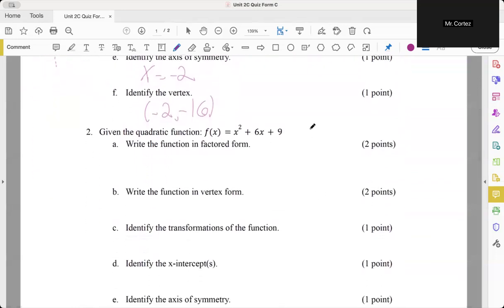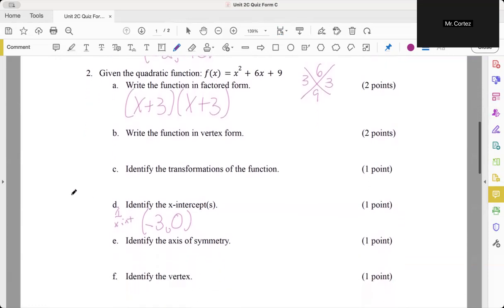You've definitely factored something like this before. Factors of 9 that add up to 6: 3 and 3. So this expanded is (x plus 3)(x plus 3). We can also say pretty confidently we have just one x-intercept, at (-3, 0).